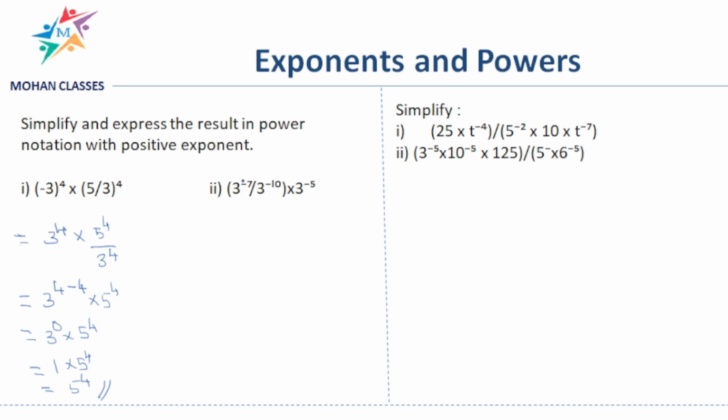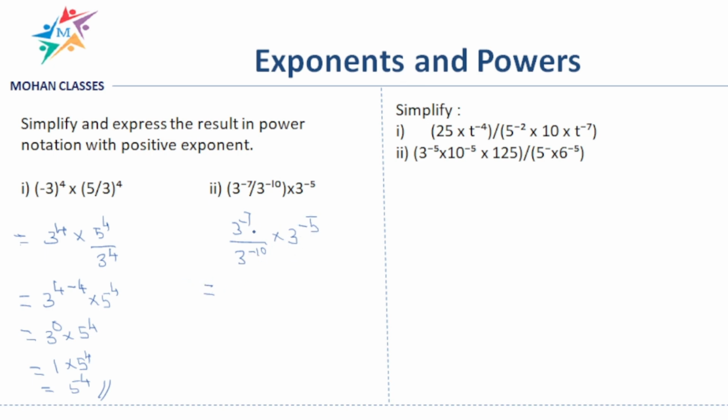Next: 3 to the power of minus 7 divided by 3 to the power of minus 10 into 3 to the power of minus 5. So how we will write?